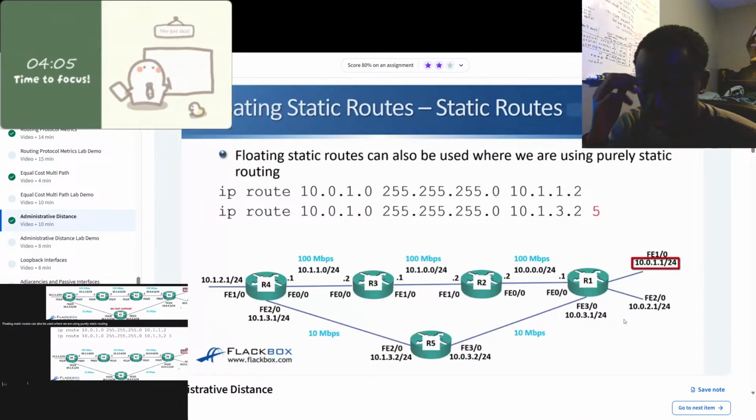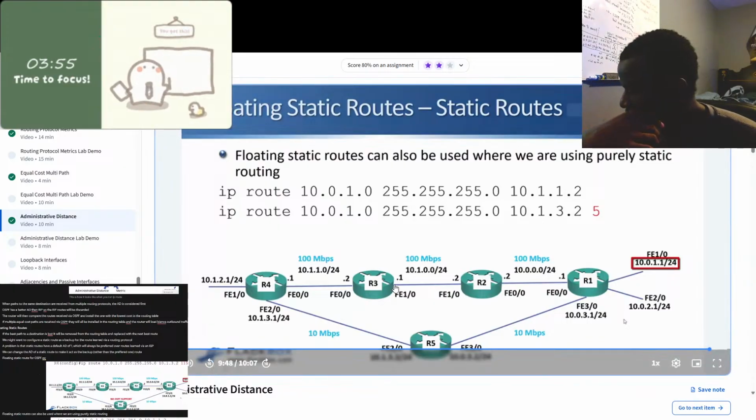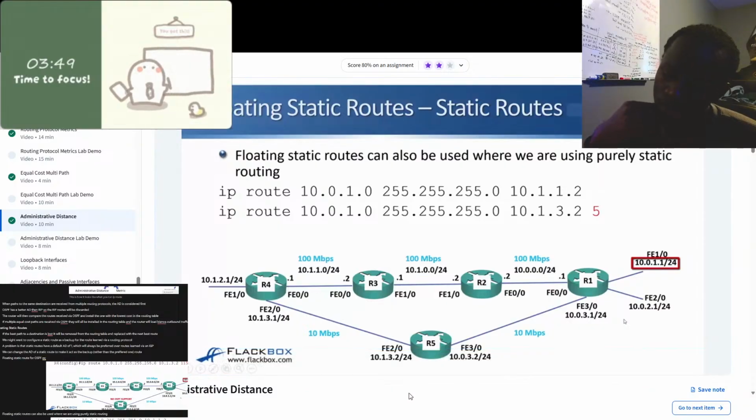But if the link from R3 to R2 or R2 to R1 goes down, R1 won't know, and it will continue sending traffic along the top path, and it will only get as far as R3 where the broken link is, and then the traffic is going to fail. So this will work fine if you just have that one router with nothing else along the path, but if you do have other routers along the path, be careful with this one, you could end up causing problems.